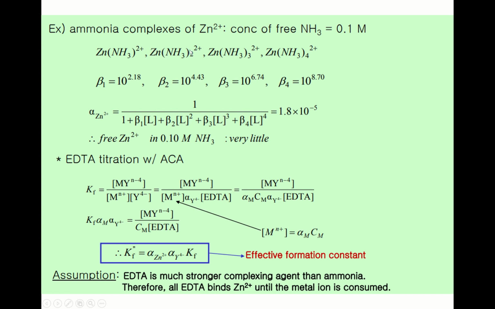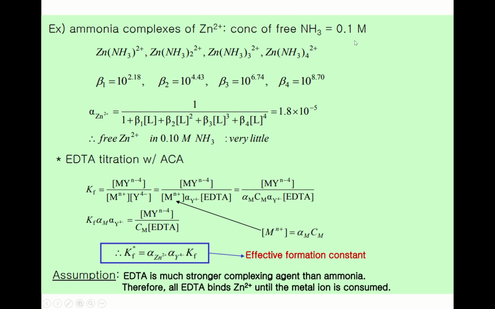Ammonia complexes of zinc ion, where the concentration of free ammonia is 0.1 molar. Ammonia is a very good complexing agent. The concentration of ammonia is 0.1 molar.